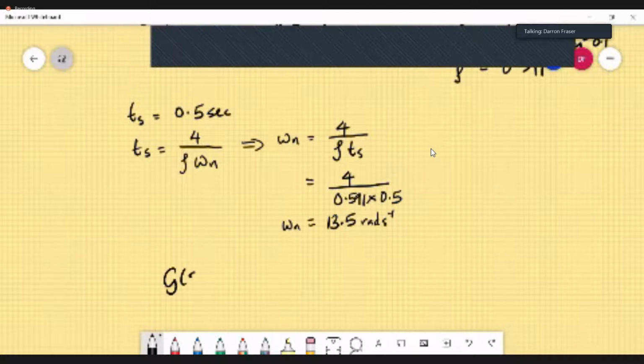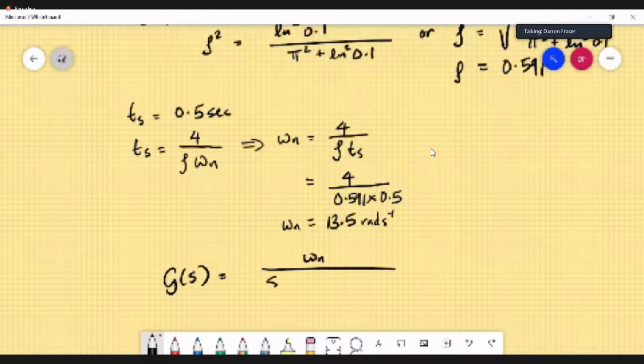This says G(s) is equal to omega n squared over s squared plus 2 omega n s plus omega n squared.